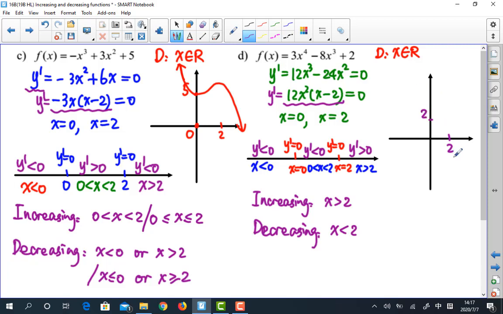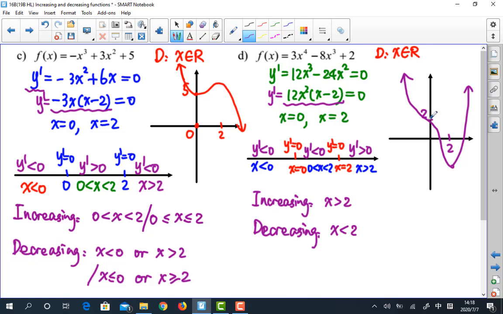So increasing, decreasing. But how low can you go here? And why is there such a kind of twist at the y-intercept point?